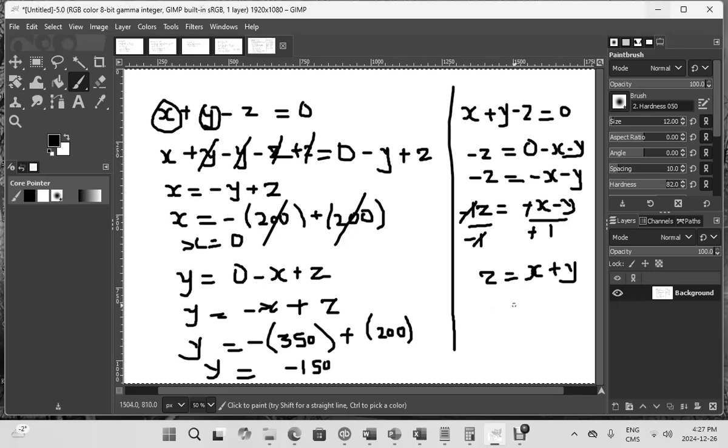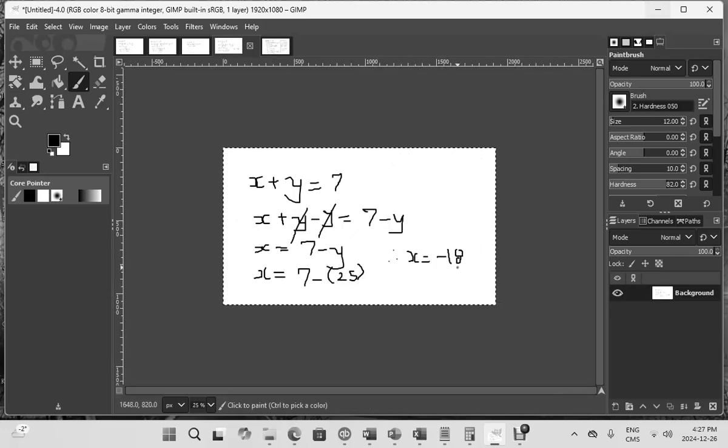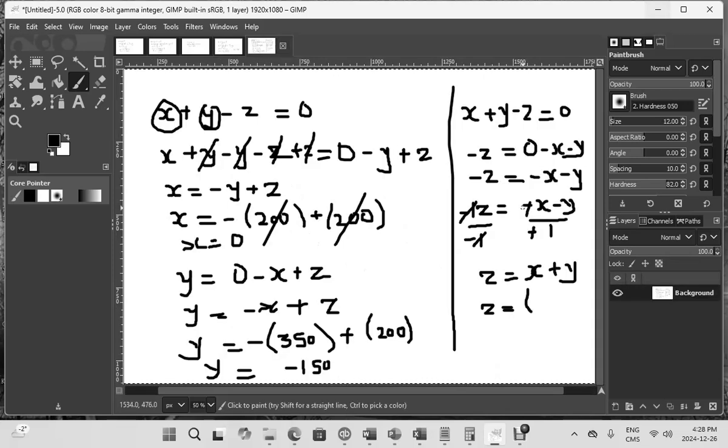You can go ahead and substitute values for both x and y. So your z will be, let's say x was 0, and y is negative 150.